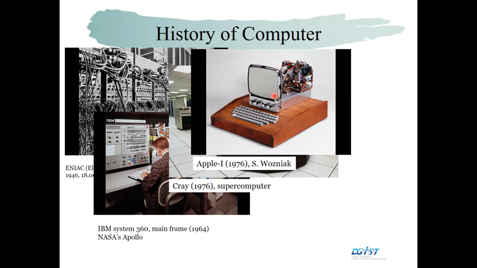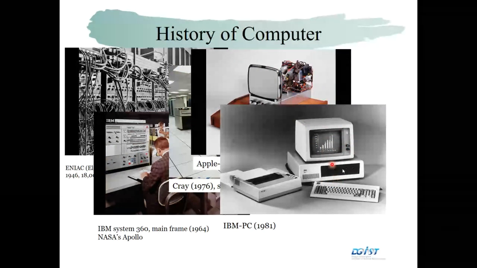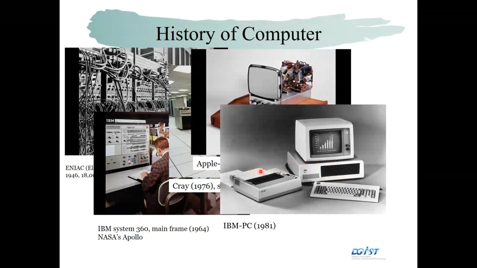And if you have the original version of Apple, it may cost a lot nowadays. You can find this kind of machine only in a museum. And the first IBM PC appeared over 40 years ago with the personal monitor and keyboard and the body. This first personal computer is basically the same as the modern computer.